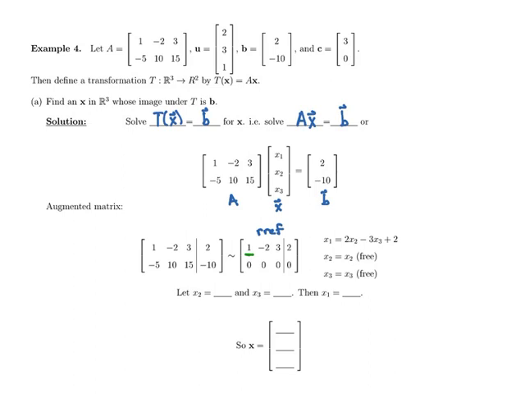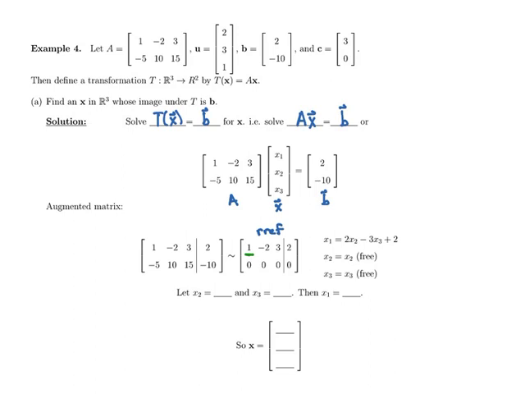We could rewrite x1 in terms of those free variables, giving x1 equals 2x2 minus 3x3 plus 2. So what we're trying to find is one vector whose image under T is b. There may be more than one, but we're just trying to find one, and we could pick any values of x that will work here.